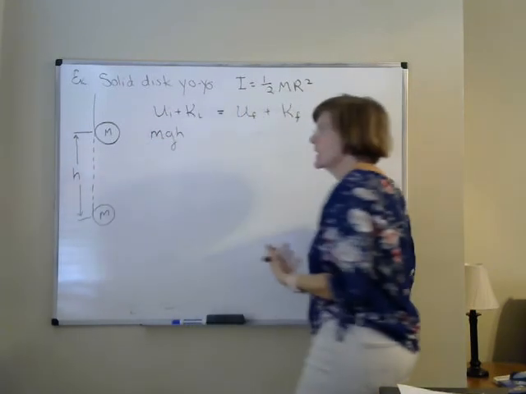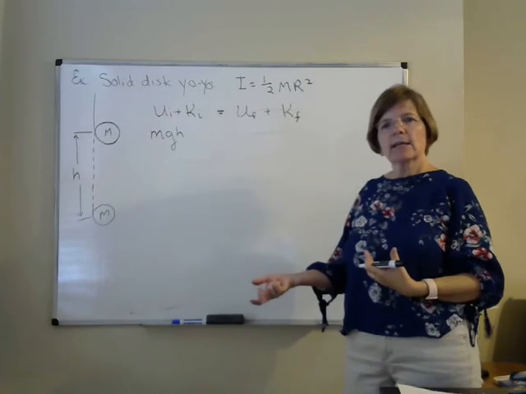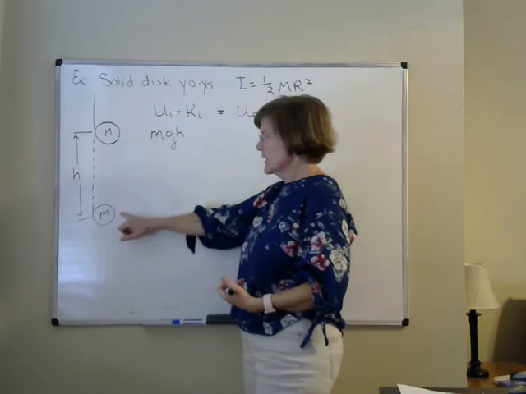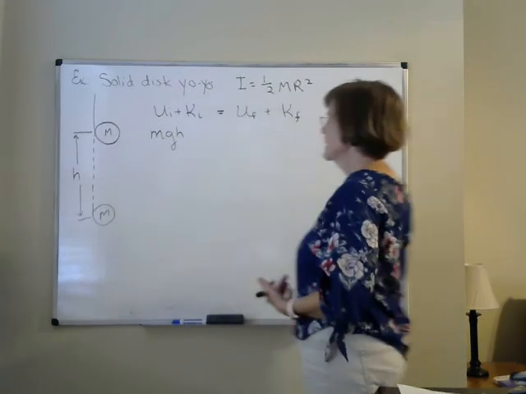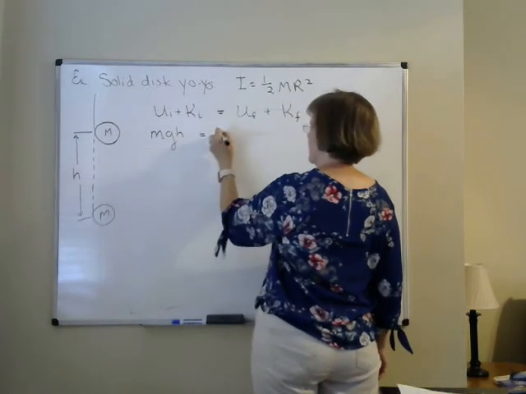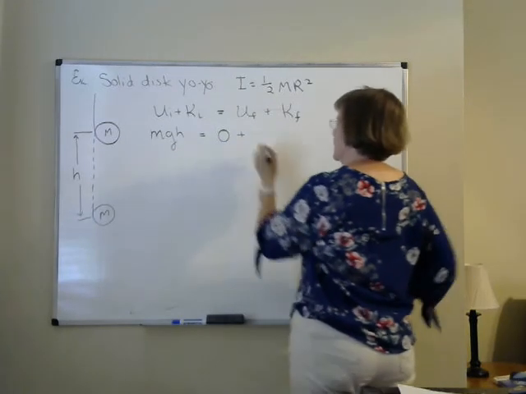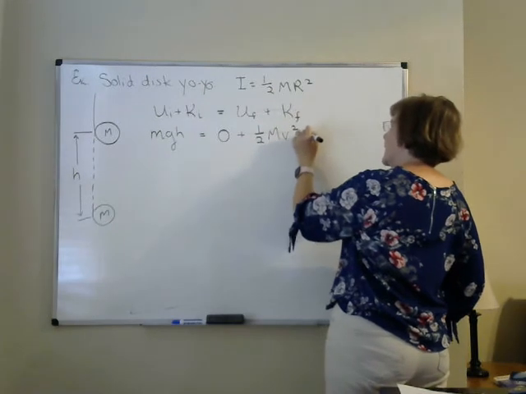It doesn't have any kinetic energy because before we let it go, it's neither rotating nor translating. When it reaches the end of its string and it has dropped this distance h, it has actually had both. It has no potential energy, but it has both kinetic and rotational.